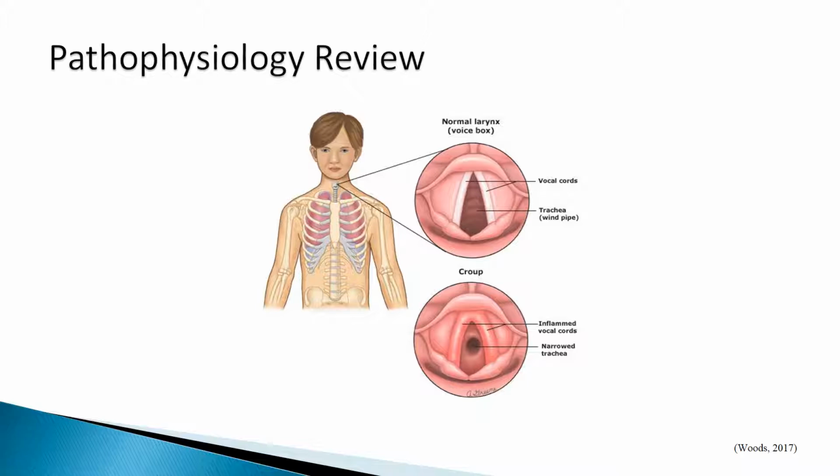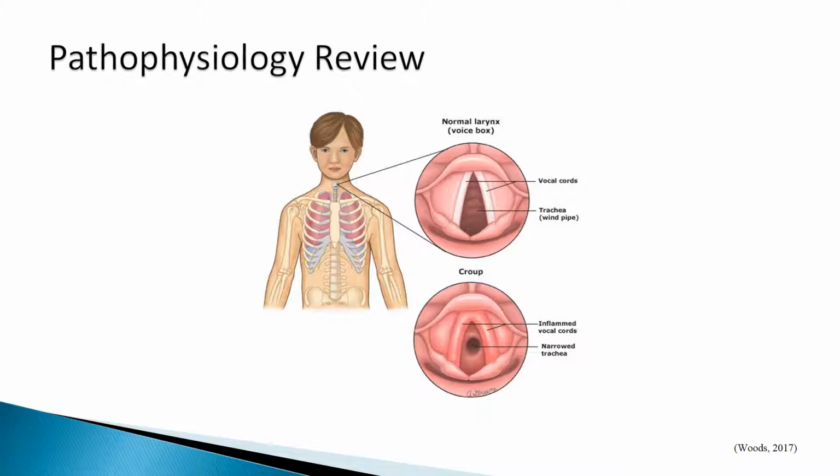So a little pathophysiology review. As we know, children have smaller airways than adults, but you have your voice box and your larynx, as you can see in the first picture above, which is normal. You have your vocal cords and your trachea, windpipe.